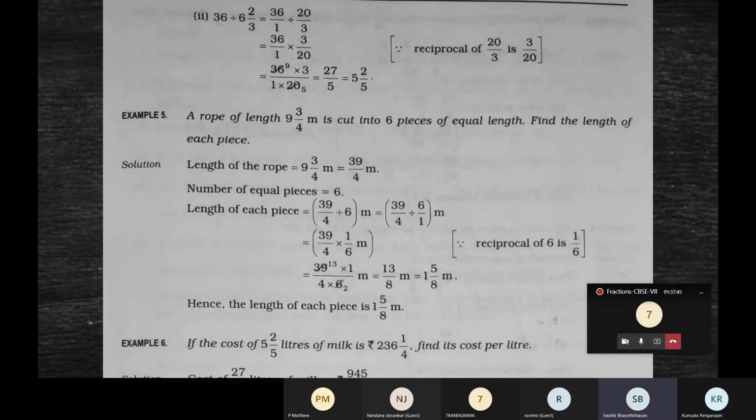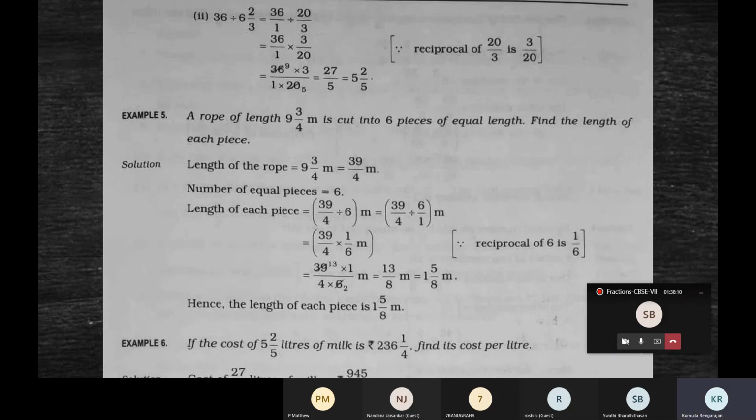Which fraction to write first? We just discussed, no? I'm saying, when you divide, which one to write first?